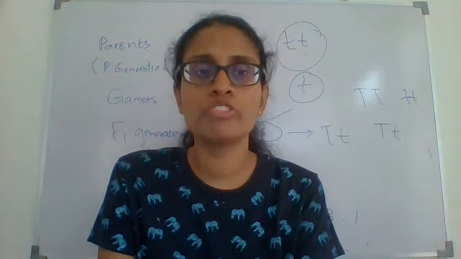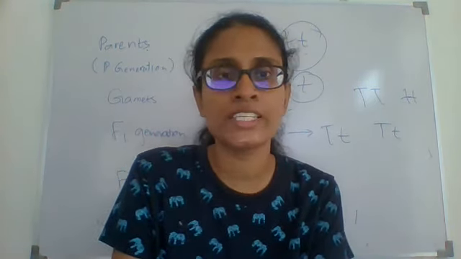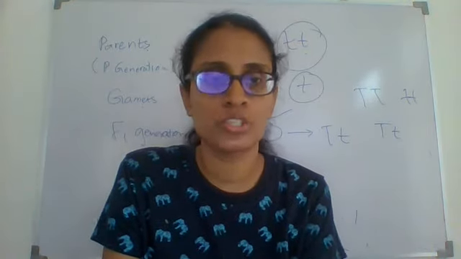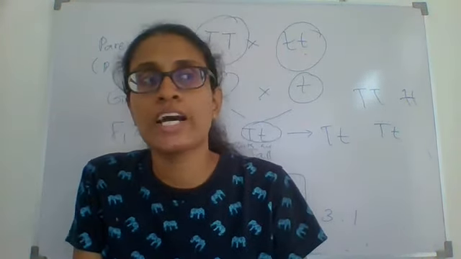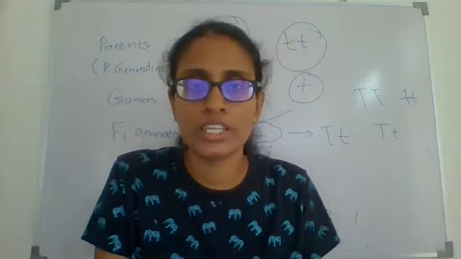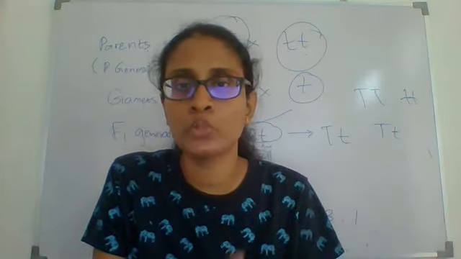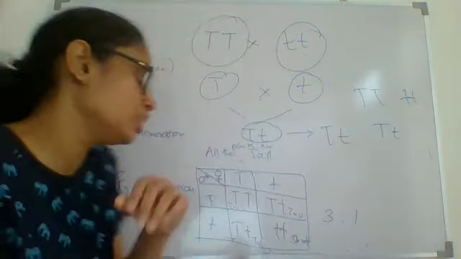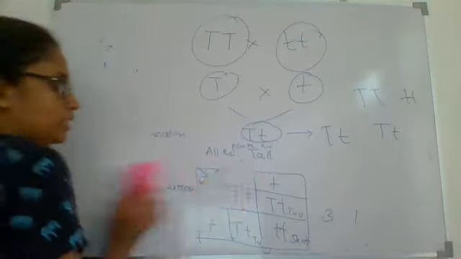So then we'll move on to the nature of genetic material and genes. Scientists have identified deoxyribonucleic acid. Normally they ask this in the paper.